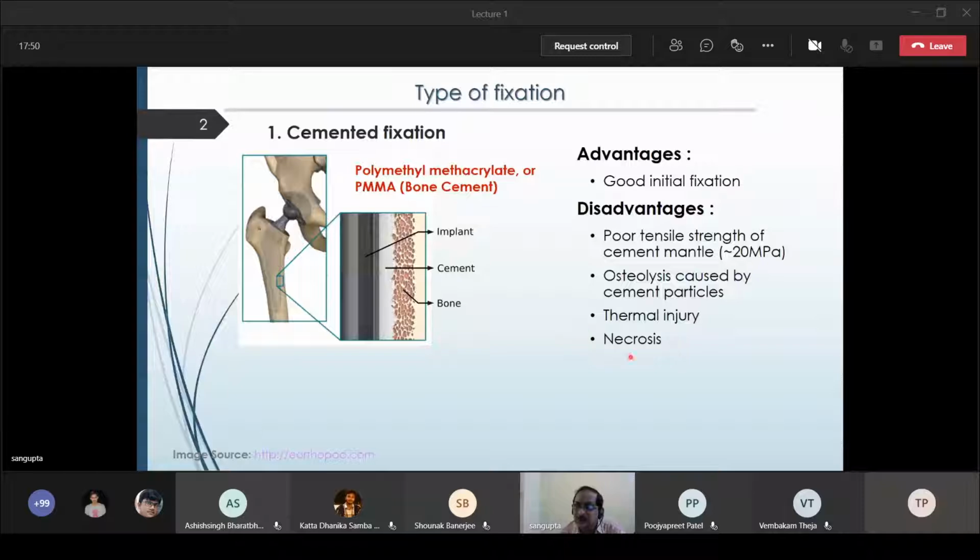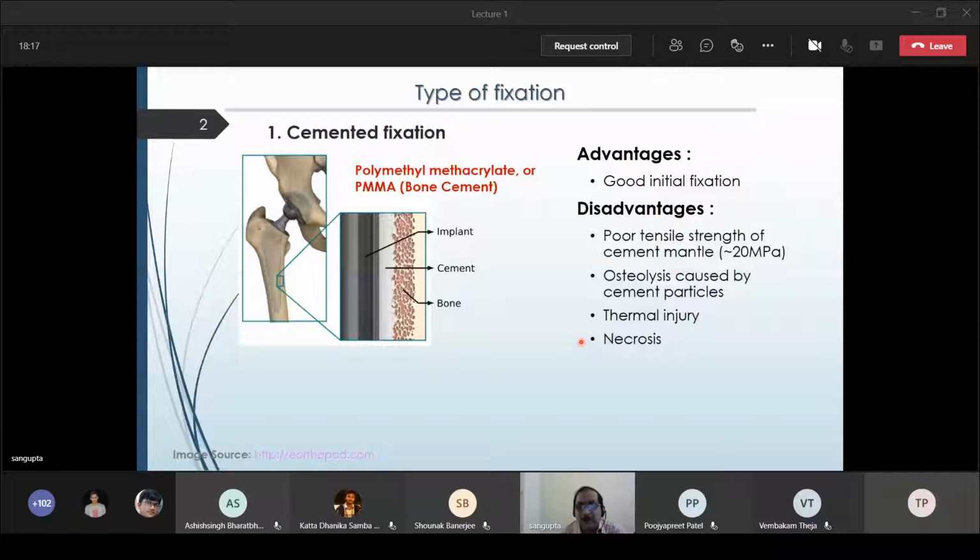Necrosis, as I told you earlier, is a phenomenon of low blood supply. Because of various types of events, maybe also thermal injury, cement might lead to low blood supply in the bone cells adhering to the cement. So that would form necrosis.